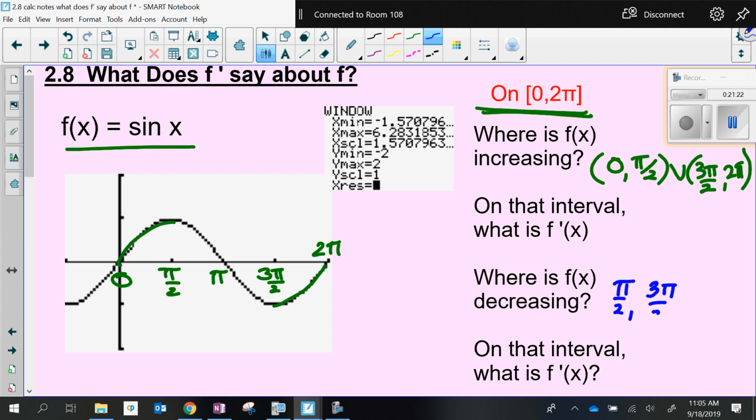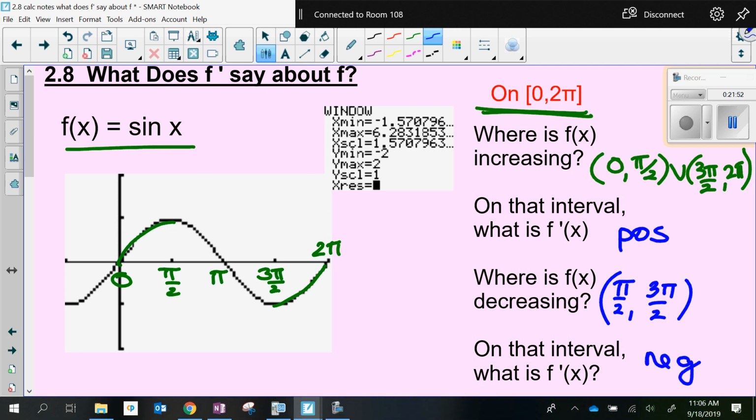Yes. All right, did you lose your voice? I was going to guess that's where it went. What is F prime supposed to be if F is increasing? Positive. What is F prime supposed to be if F is decreasing?